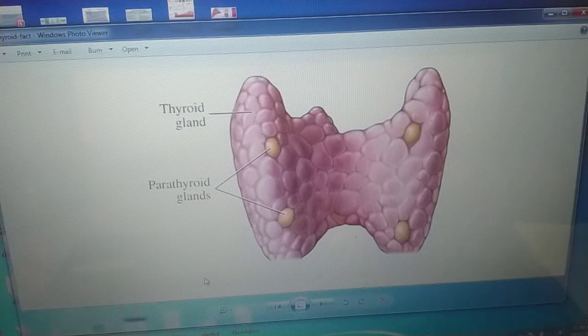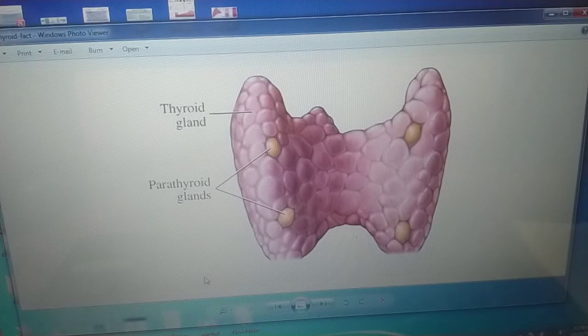The cells of parathyroid glands are arranged in a compact mass and they are of two types: the small chief cells or the principal cells, and large oxyphil cells or eosinophil cells. The cells are enclosed by a delicate connective tissue called the capsule.